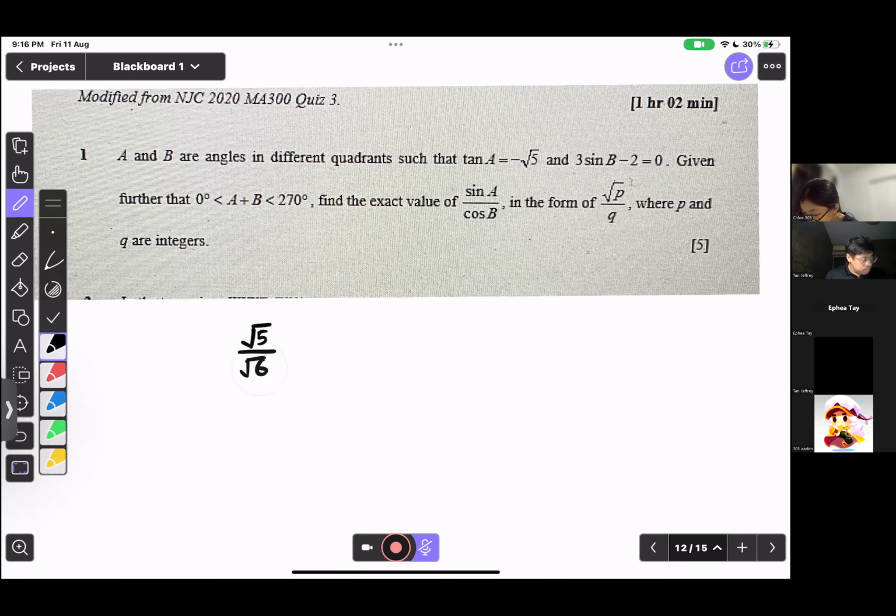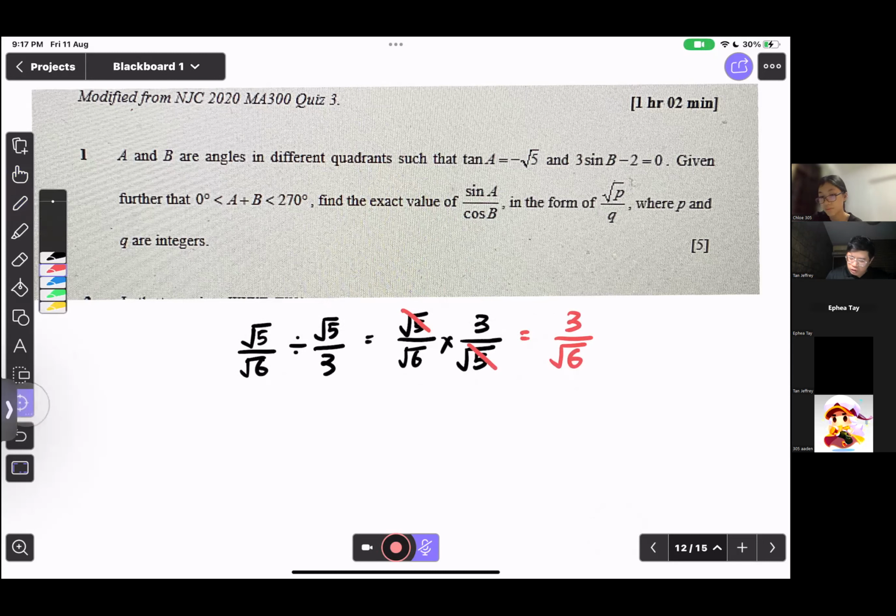Oh, very good. Aiden, if you have gotten to this part, that's fantastic. Then after that, you multiply 3 over square root 5. Is it okay? I change the division to a fraction, then I can cancel off. So I have 3 over square root 6.